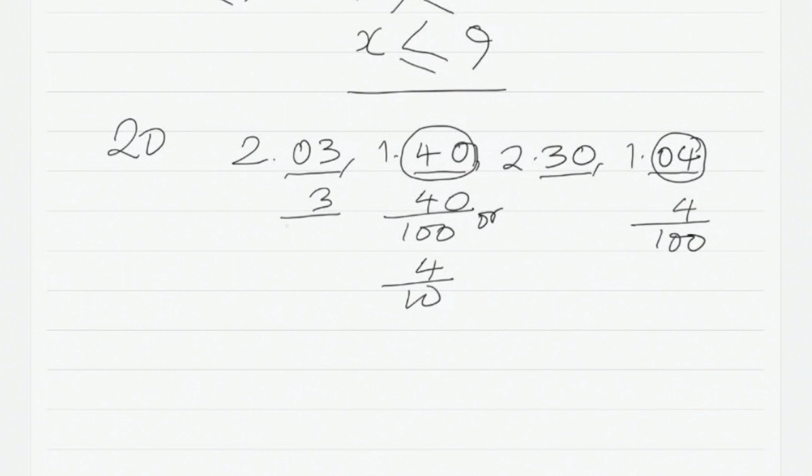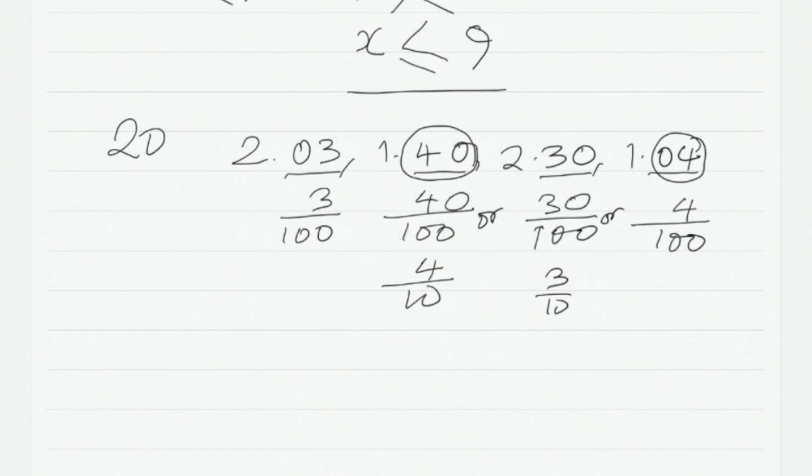This one written as a fraction is going to be 3 over 100. This one is going to be 30 over 100 or 3 over 10. So this will now give us the smallest of the other decimal fractions, beginning with the smallest towards the biggest.